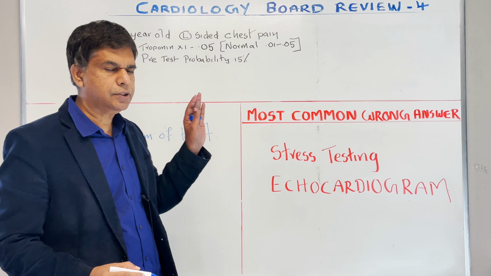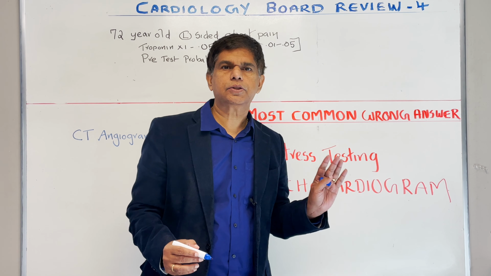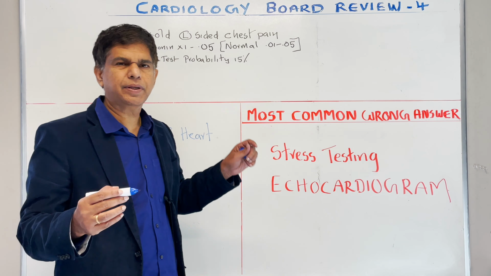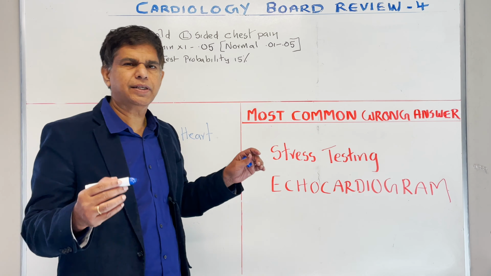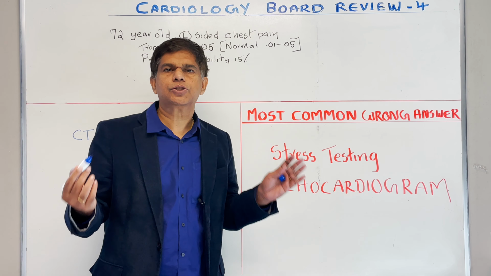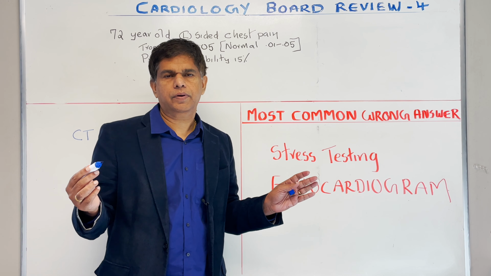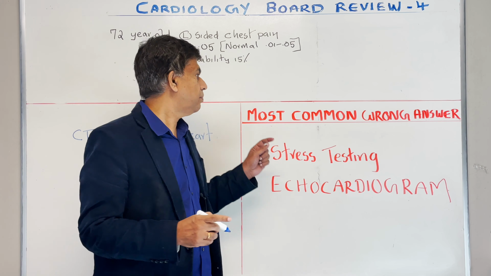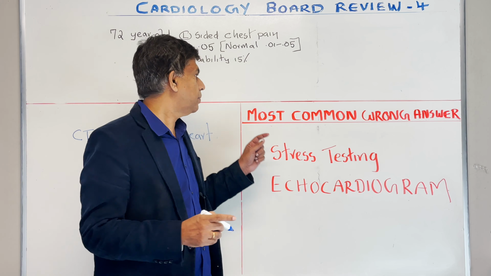When somebody with chest pain has an equivocal troponin right here, and the pretest probability is probably low to moderate, you always have to look at the sensitivity and specificity of a test. Okay, the two words I want you to remember: the pretest probability, and you should pick the test based on that. So in this case, in this patient having chest pain, it resolved, troponin is equivocal.